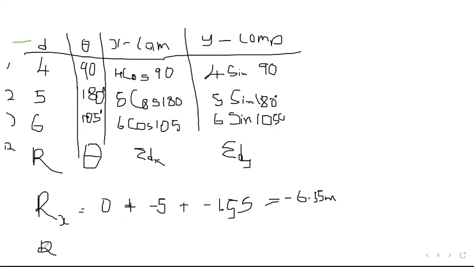Then the component of the resultant in the y-axis would be the sum of all these components in the y-axis, which is 4 sine 90, which is just going to be 4. Then 5 sine 180 is going to be 0.